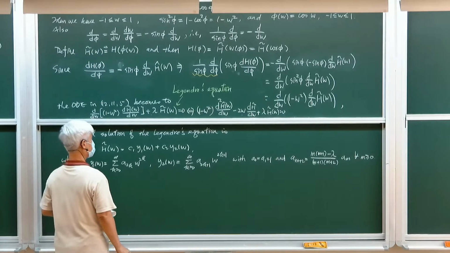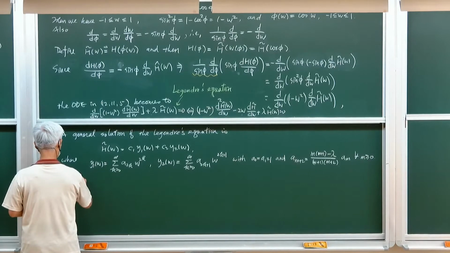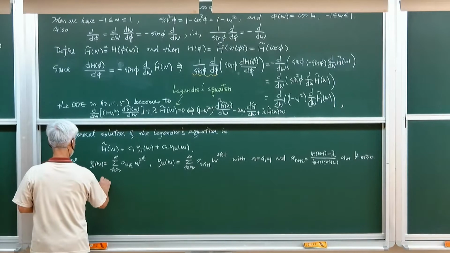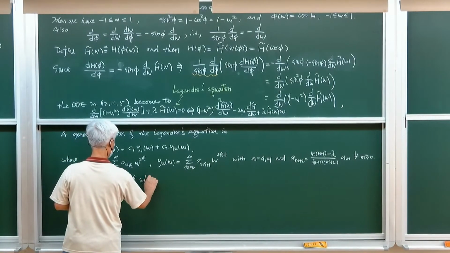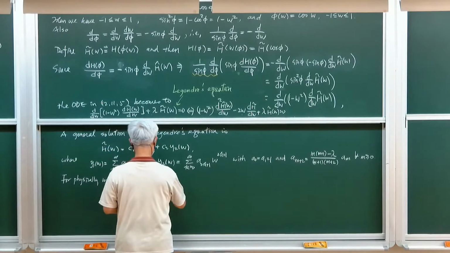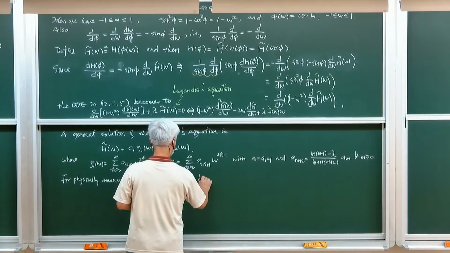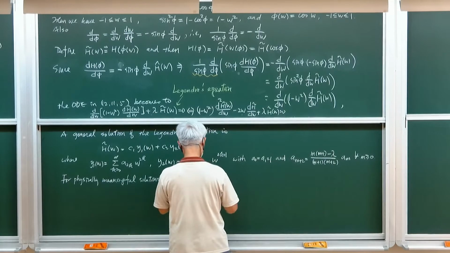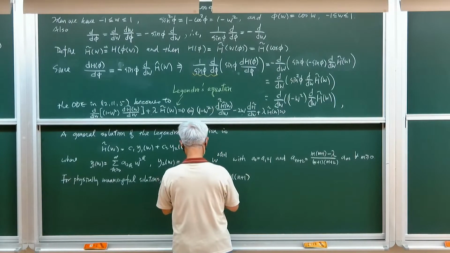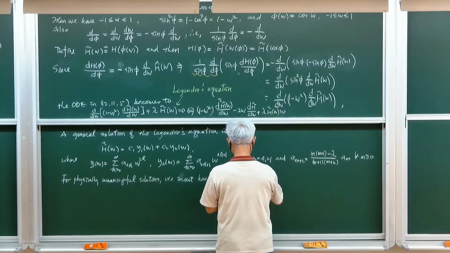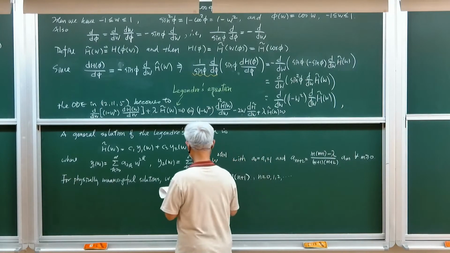Okay, and so for physically meaningful solutions, we must have lambda equal to n times (n plus 1), for n equal to 0, 1, 2, etc.